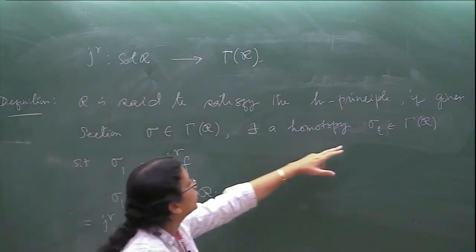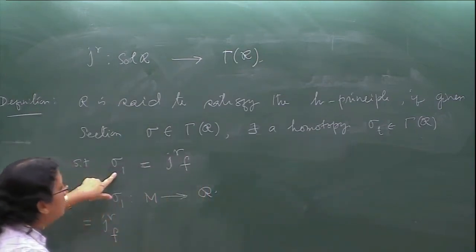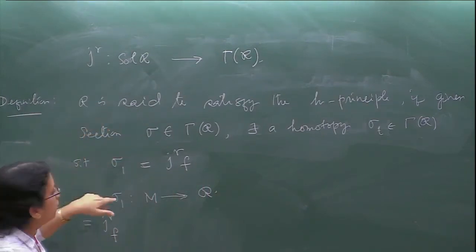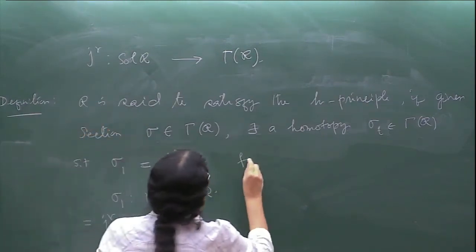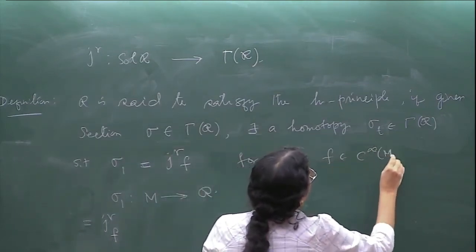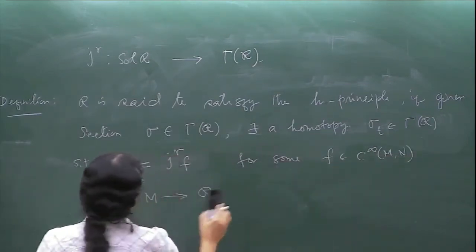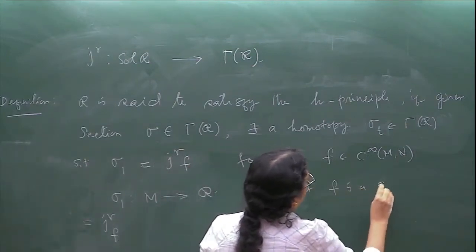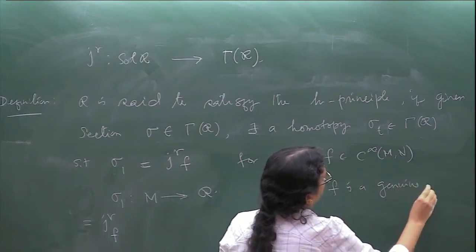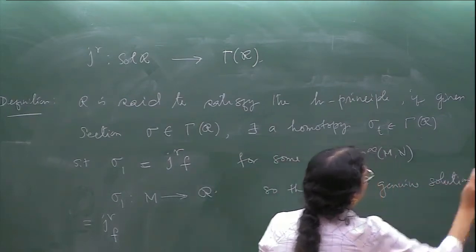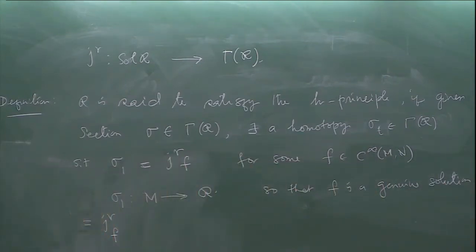So there exists a homotopy sigma t where the final map is actually coming from a section, for some f in C infinity of M, n, so that f is a genuine solution of R. Okay?